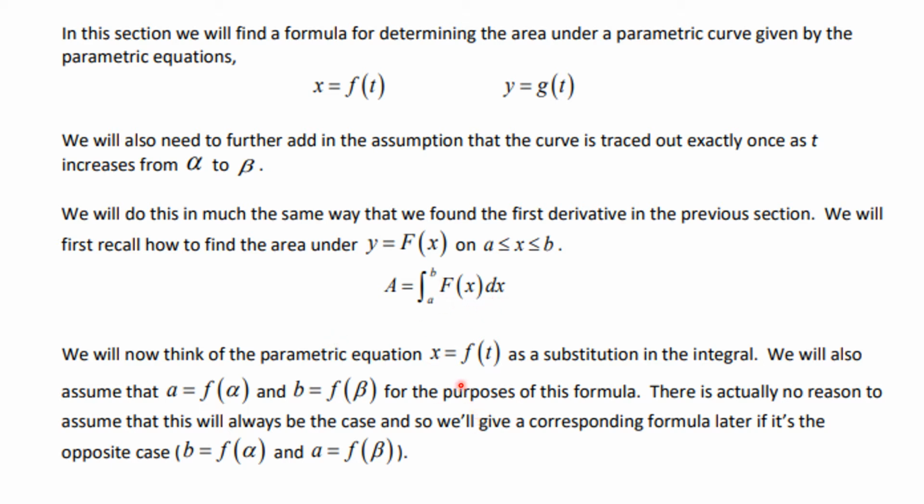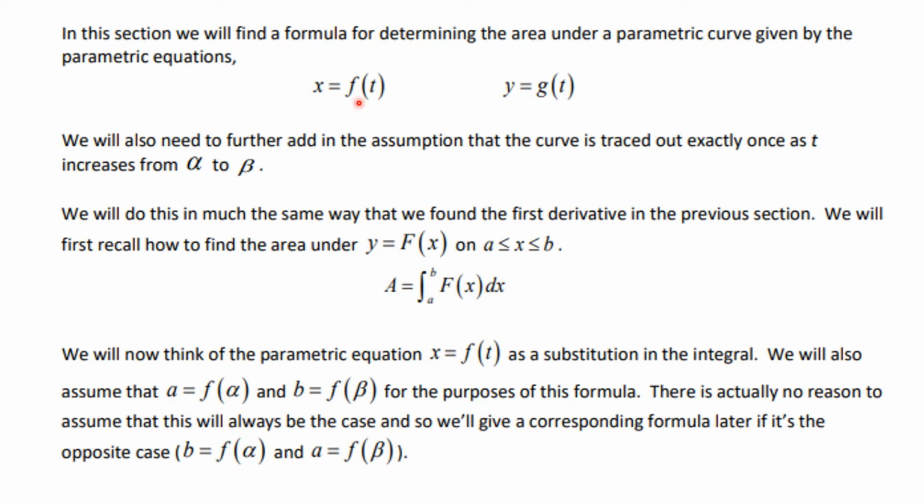Now we've got a parametric representation though, so we're going to let x be lowercase f of t in this interval. It's a change of variable, and this is a substitution in the integral. And we're going to assume that a is equal to f of alpha and b is equal to f of beta, and these are both lowercase f's.